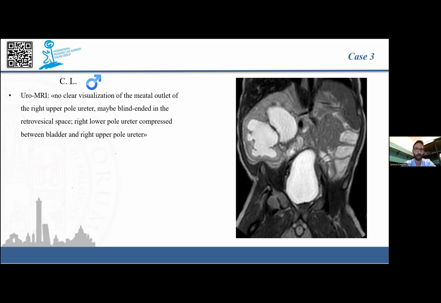And even the right lower pole ureter in its terminal part was compressed between the bladder anteriorly and the right upper pole ureter on the posterior face. And the MRI showed a dilatation of the left ureter. In our opinion, the left dilatation was caused by the compression of the huge right urinary tract dilatation.